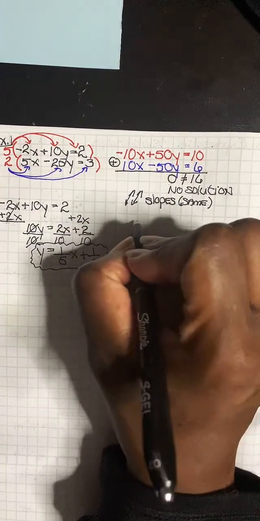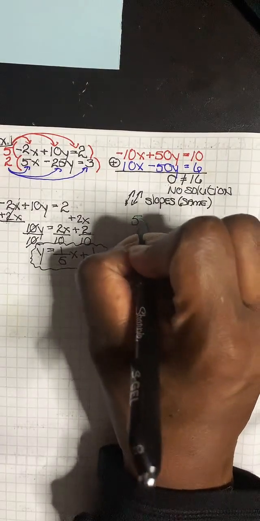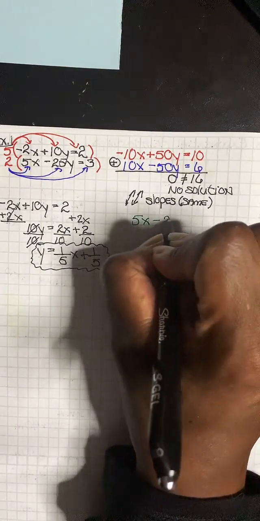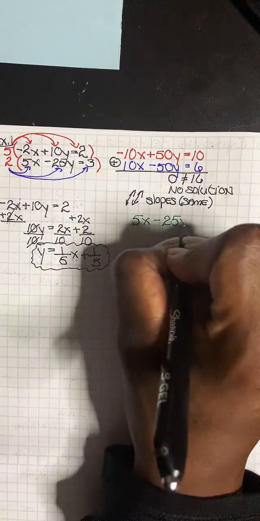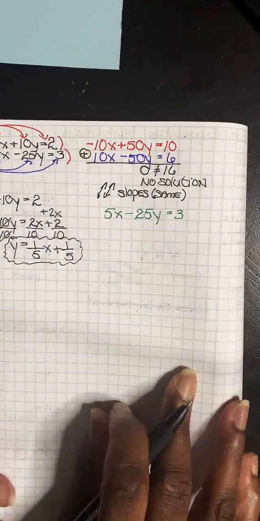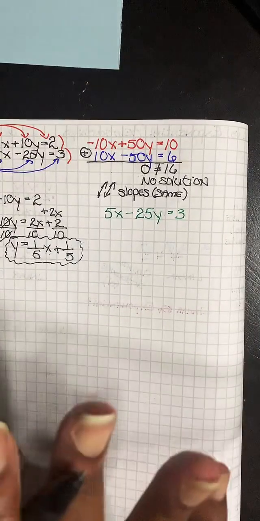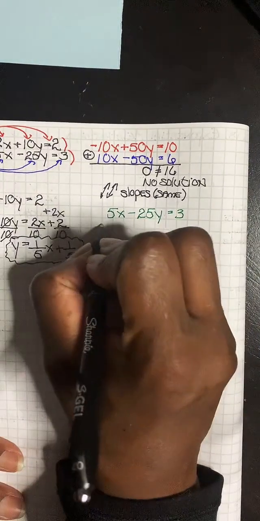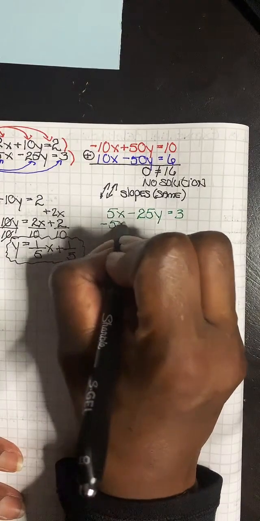So we're looking at our original, which is 5x minus 25y equals 3. So we're trying to solve this for y. So we're going to subtract the 5x.